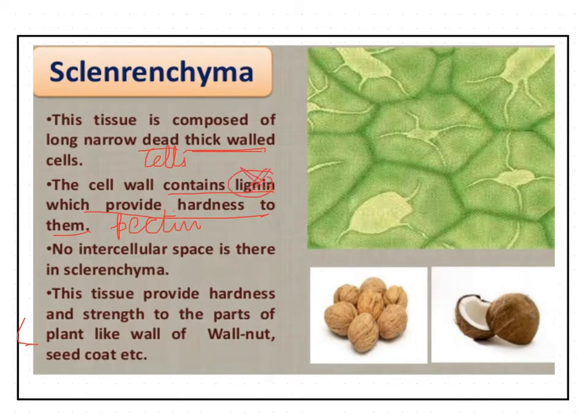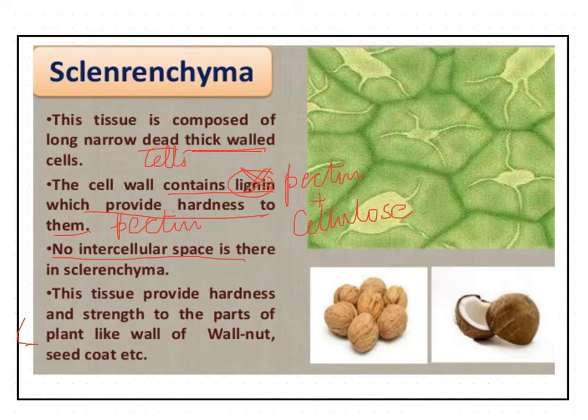You write it as pectin. Cell wall is made up of pectin and that becomes hard. Now along with pectin it also contains cellulose. So two things are present in the cell wall: one is pectin, another is cellulose. And there is no intercellular space. यहाँ पर cells के बीच में space नहीं होती.